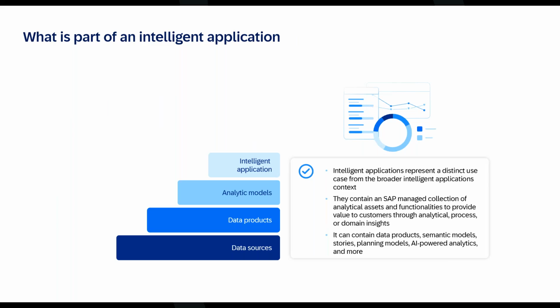An intelligent app is just a combination of 4 objects on the BDC platform. When a customer buys an intelligent app, the customer needs to deploy a story on SAP Analytics Cloud, deploy an analytics model on SAP Datasphere, deploy a data product on BDC, and deploy a CDS view on S4HANA.